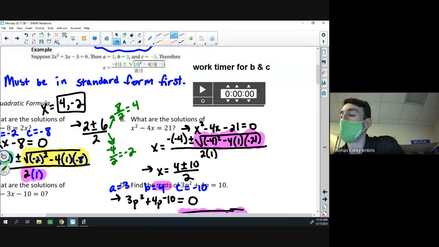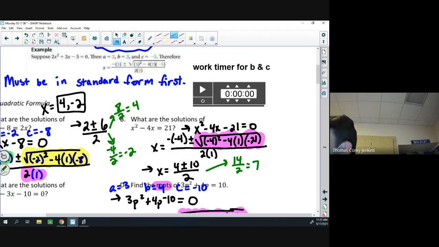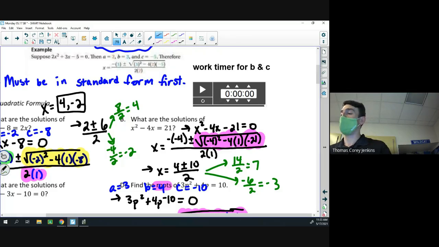Once you're there, then you just do 4 plus 10 is 14, and 14 over 2 is 7. And you do 4 minus 10 is -6, divided by 2 is -3. So that's it. Those are your two solutions. And remember on Math Excel, you would type them in as kind of like -3, comma, +7.